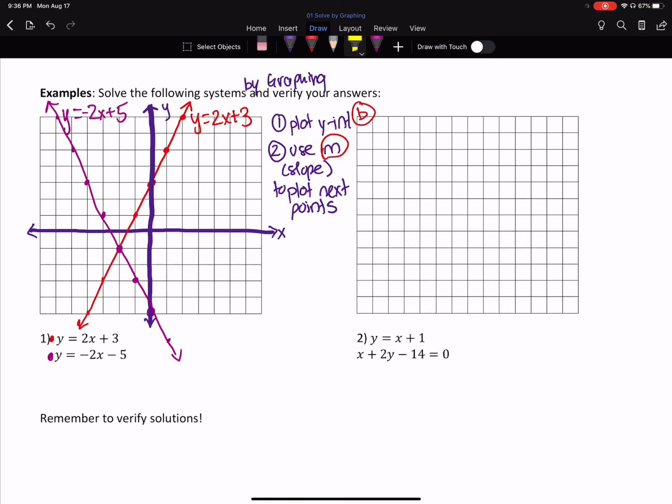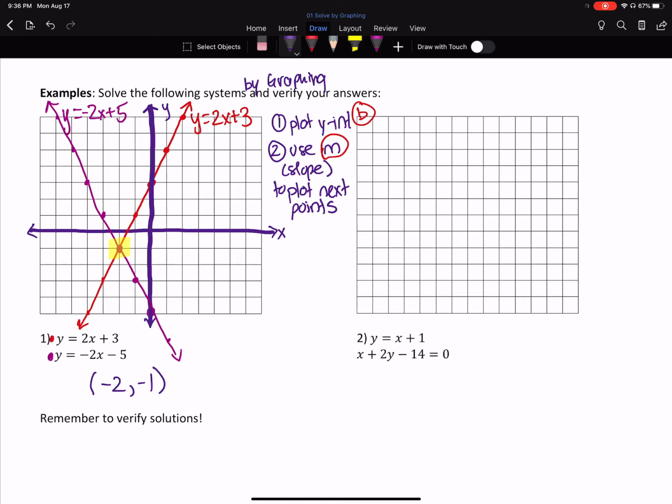And so our point of intersection is that point right there, which we know is -2, -1. So now we're going to verify or check our solutions.